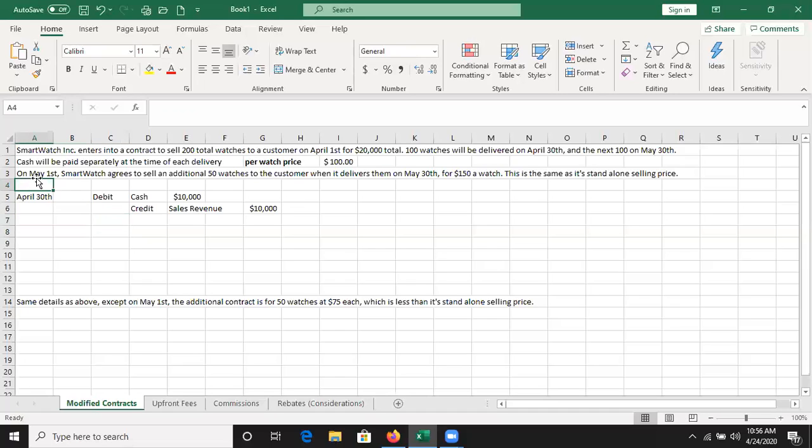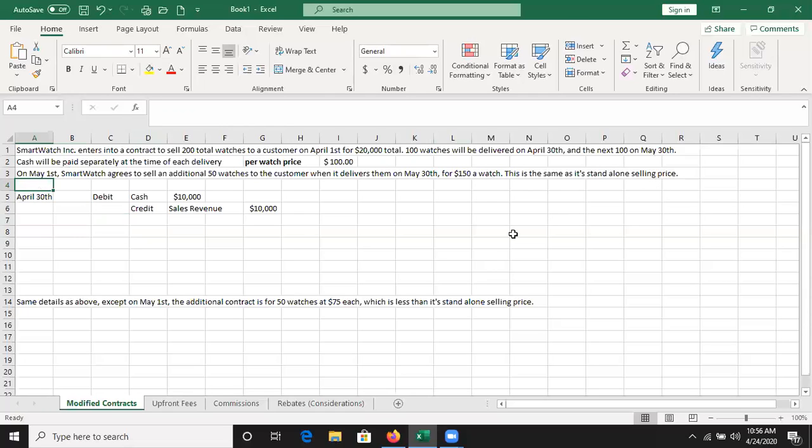Now it's May 1st, and Smartwatch agrees to sell an additional 50 watches to the customer when it delivers them on May 30th for $150 a watch. Okay? This is the same as a standalone selling price. So what this means is if this company sells one watch to a customer, someone comes to their store and they buy one watch, they charge them $150.